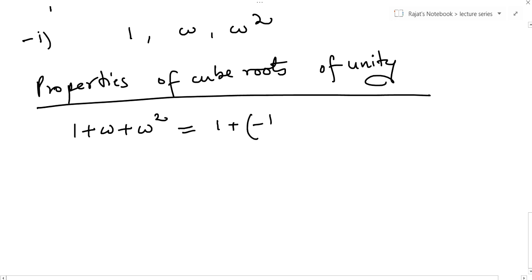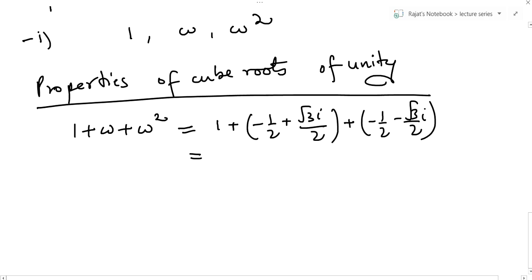This will be nothing but 1 plus minus half plus root 3 iota upon 2 plus minus half minus root 3 iota upon 2. Clearly you can see that this is 0. So the first property is that the sum of the cube roots of unity is 0. And this is most extensively used in problem solving.